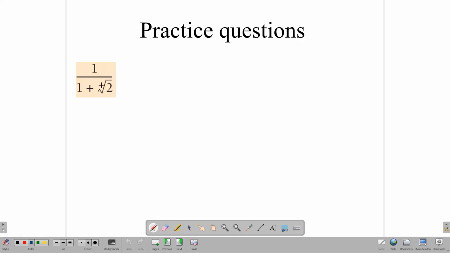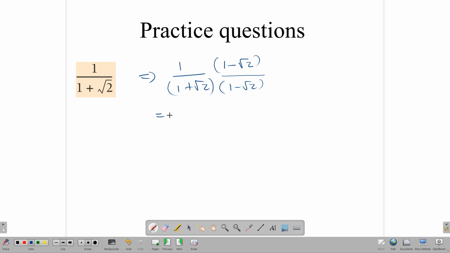Here we have 1 over 1 plus root 2, and we want to multiply by the conjugate of this, 1 minus root 2. So let's bracket that.